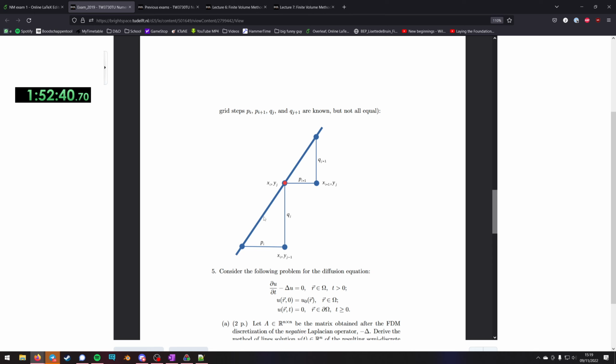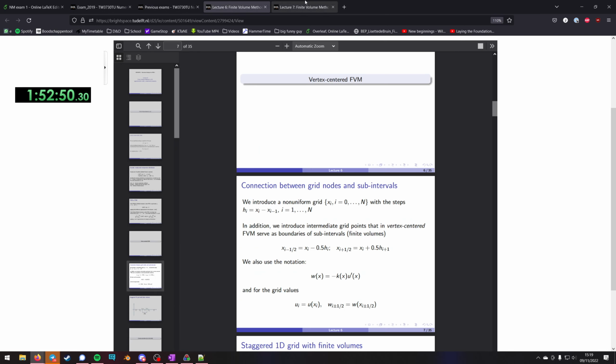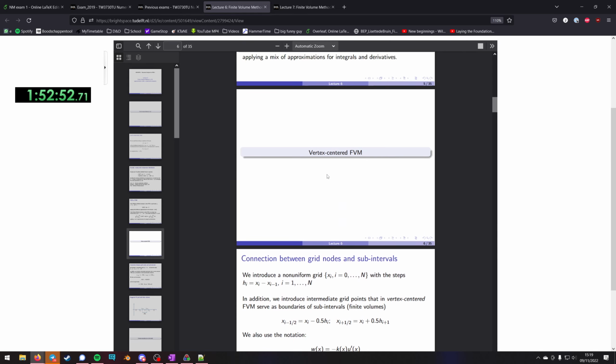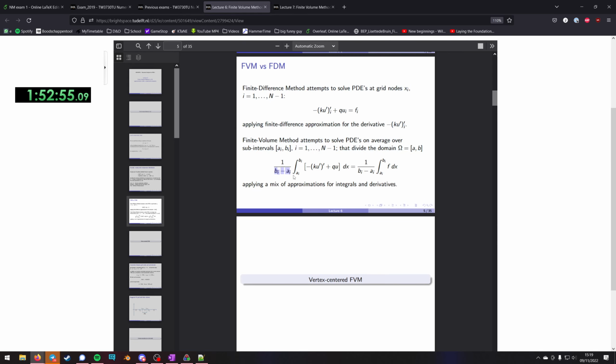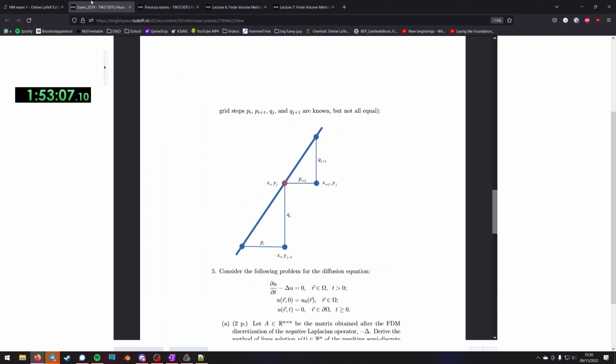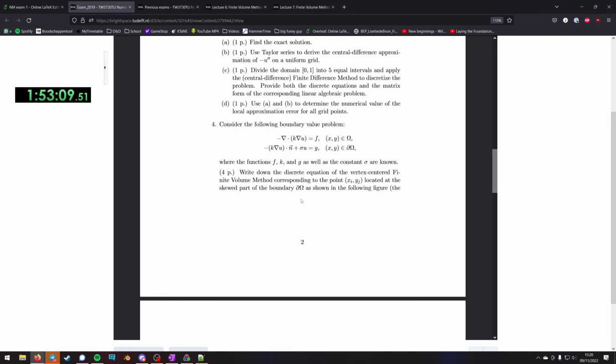This skewed sub area, it'd be the integral over that divided by the area of that. Because that's what you see they do here. They're dividing by the area, and they're saying that's the same as that for the outer sides. Although I believe you can multiply that away. I don't know. So they're asking to just give the one equation for this point located at the skewed part of the boundary.